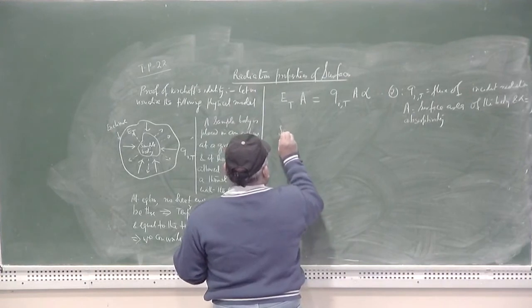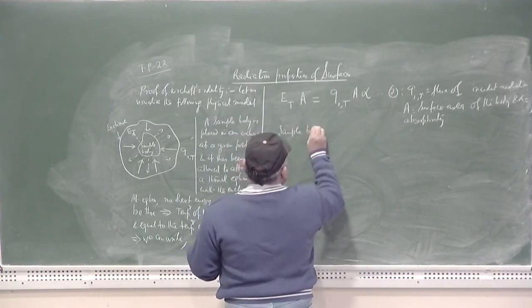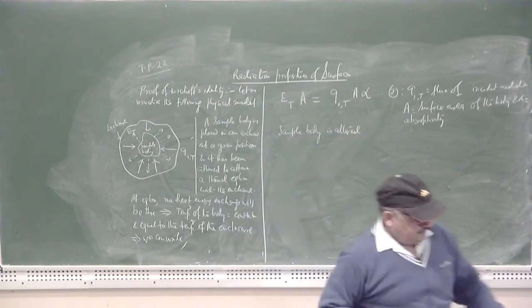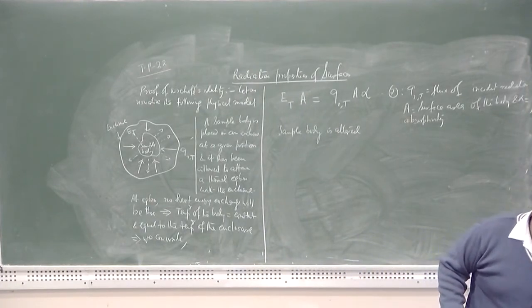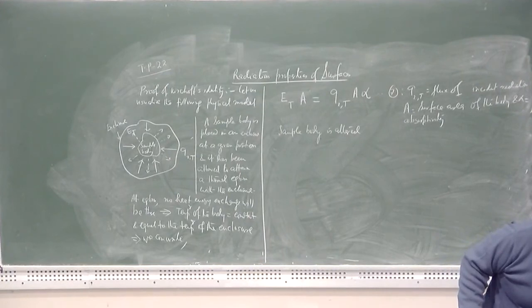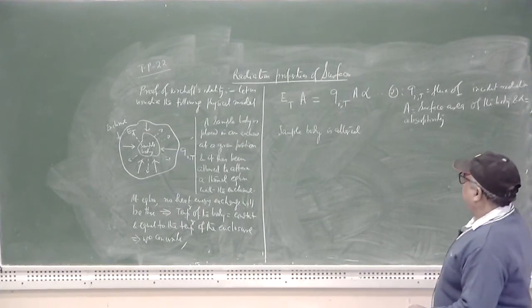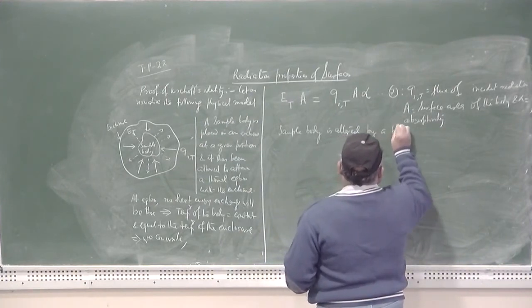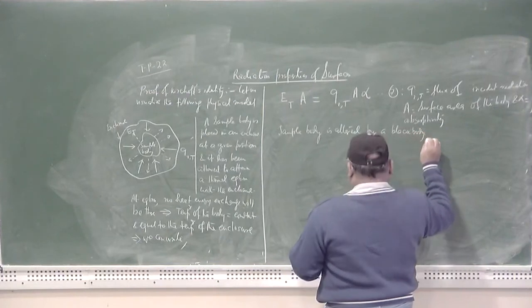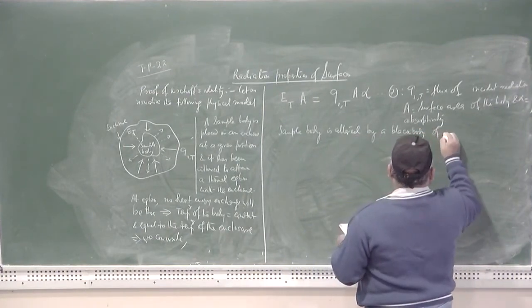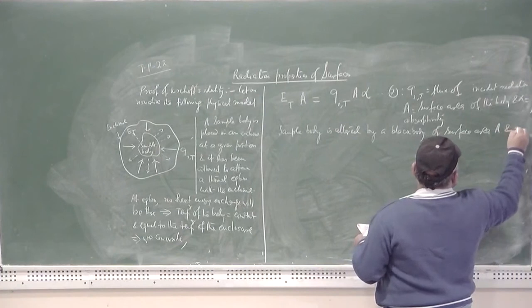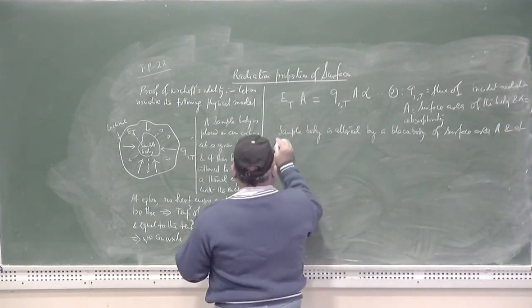Now the sample body is replaced by a black body of surface area A and at the same temperature.